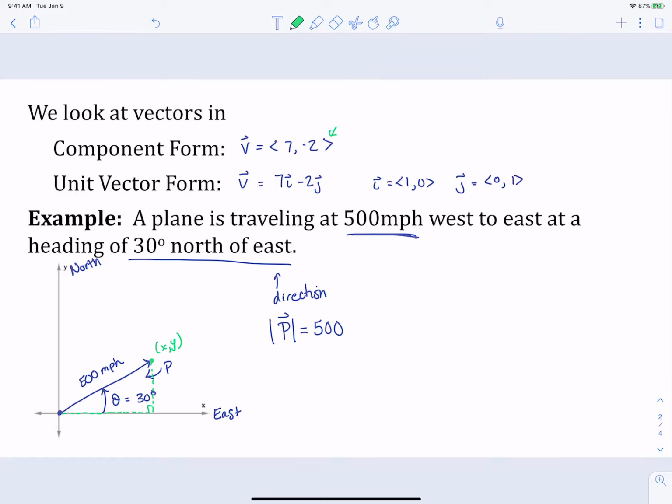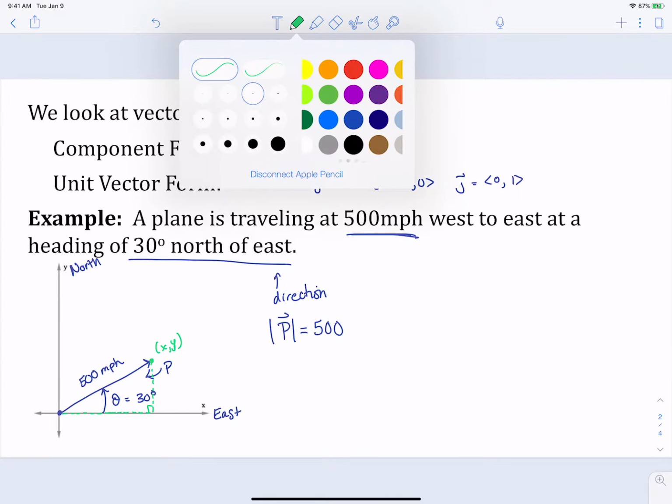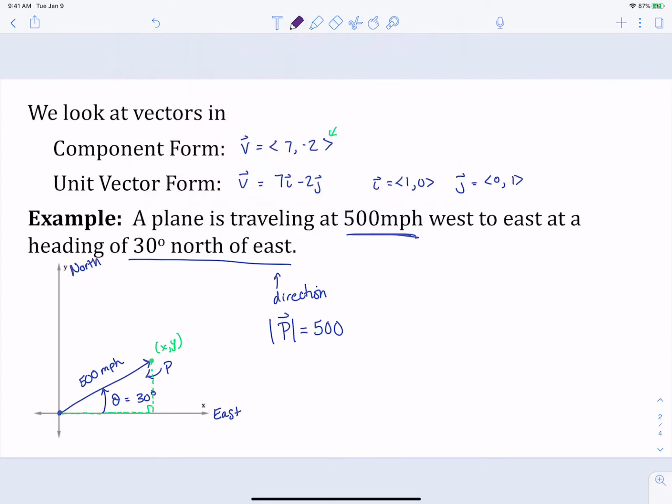Think about another way that you looked at this in trigonometry: sine of that 30 degree angle is our opposite side over our hypotenuse. Opposite is y, this length, and this length here, our adjacent side, is x.